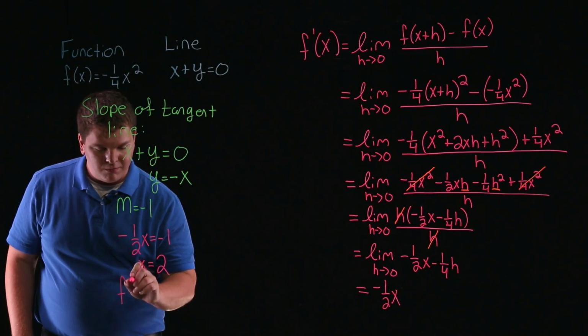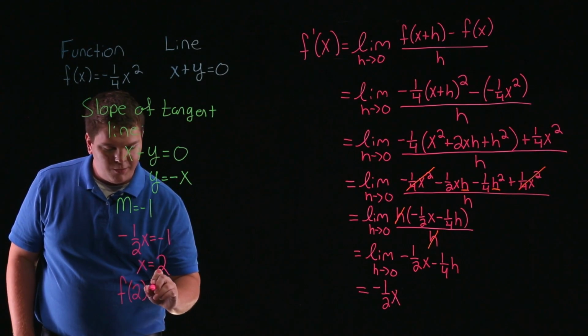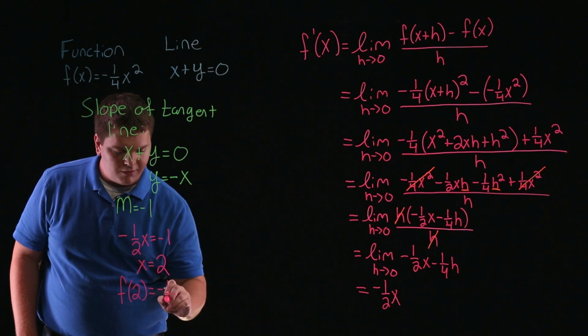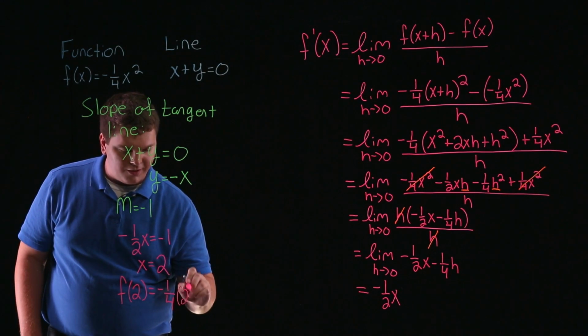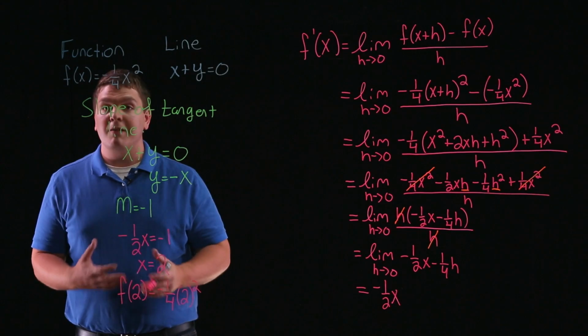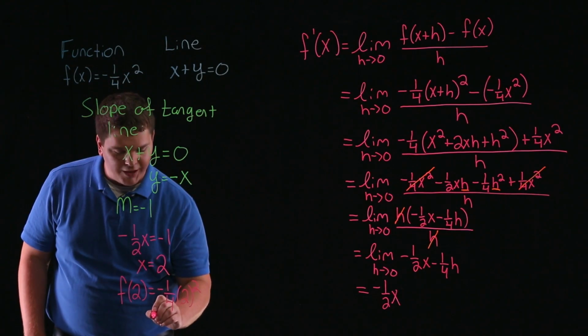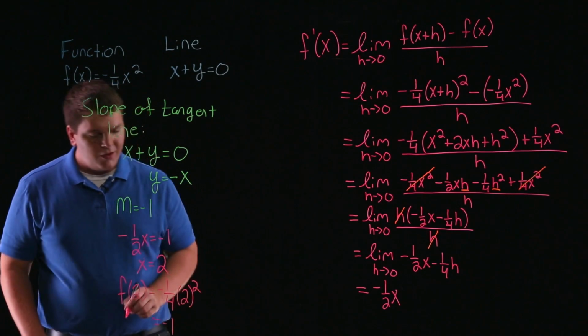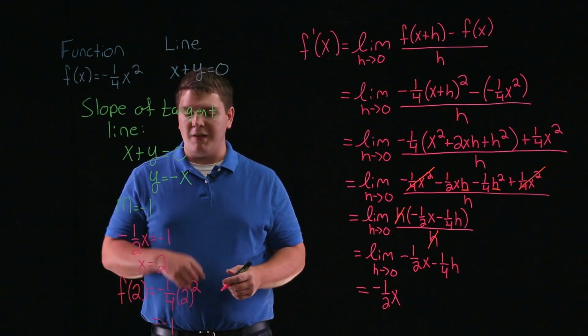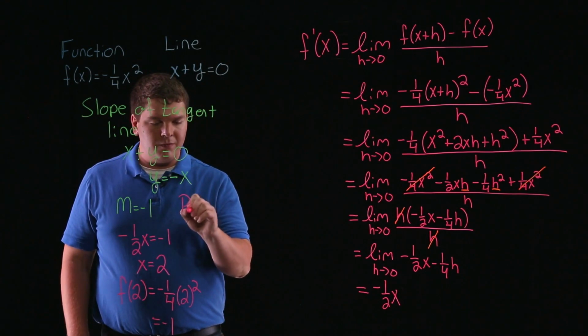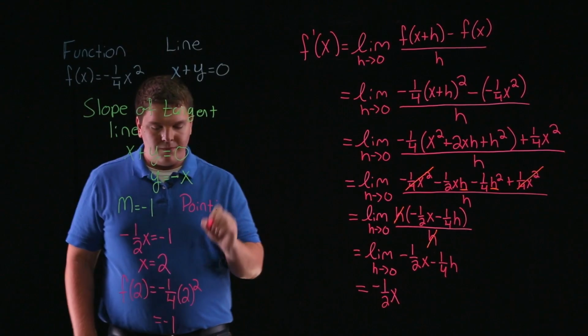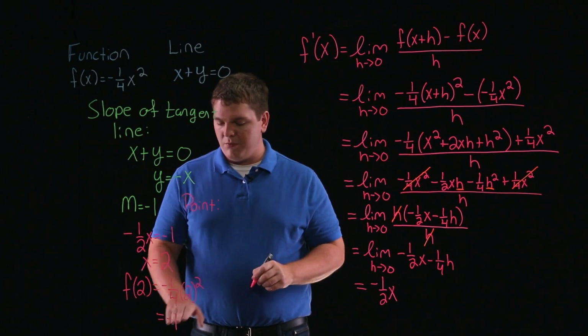So f of 2 is equal to negative 1/4 times 2 squared, which is negative 1/4 times 4, or negative 1. So the point at which our tangent line passes is the point 2, negative 1.